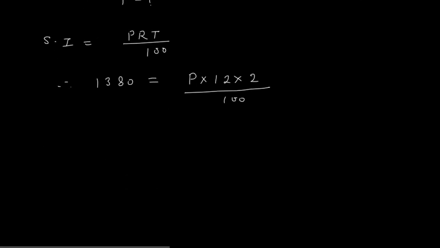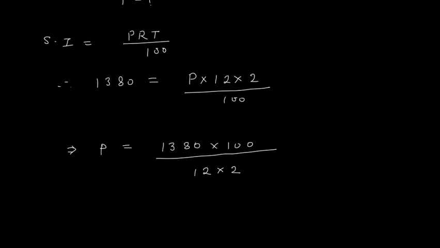So this will give me the value of P is equal to 1380. Now you can see this 100 is divided, so when I transpose it, it will be in multiplication, divided by 12 into 2 in the denominator. So principal is 1380 into 100 divided by 12 into 2.